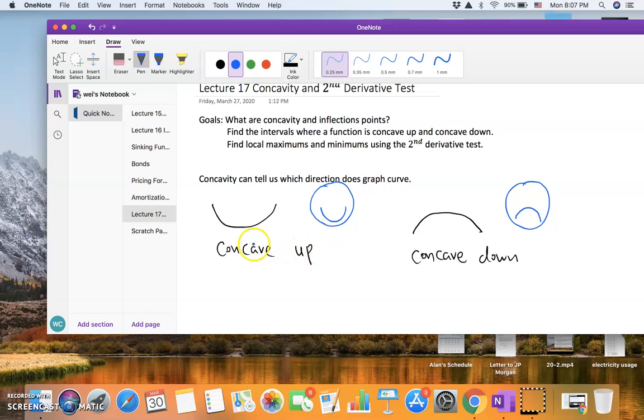And in some textbooks, another way to think of it is when it is concave up, we call it hold water. And when the curve is concave down, we call this spill water.